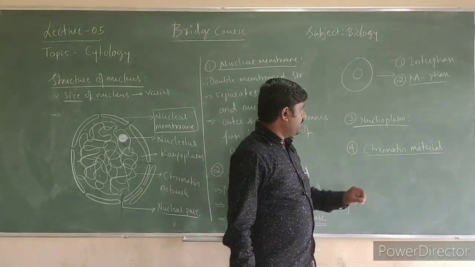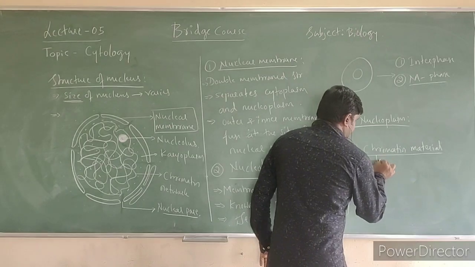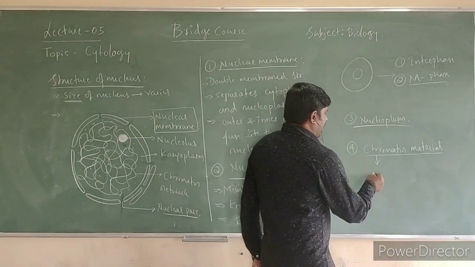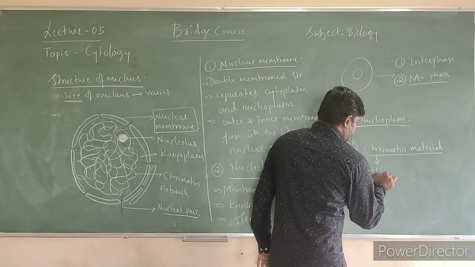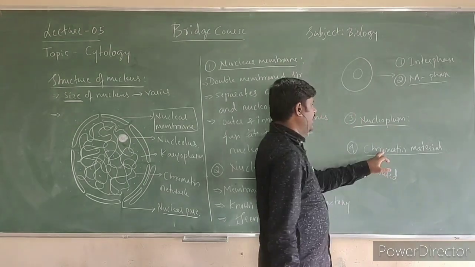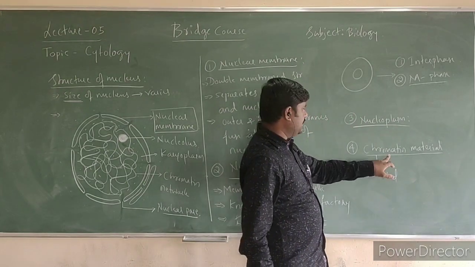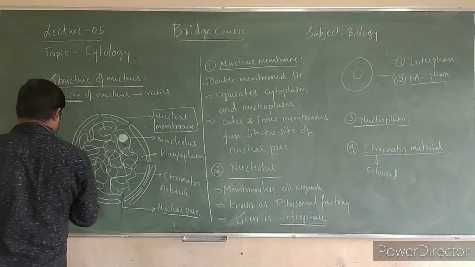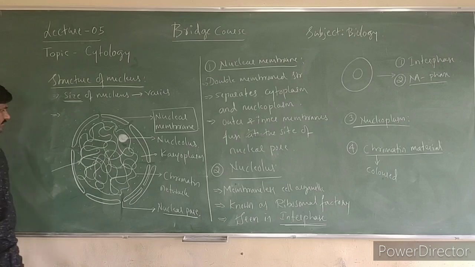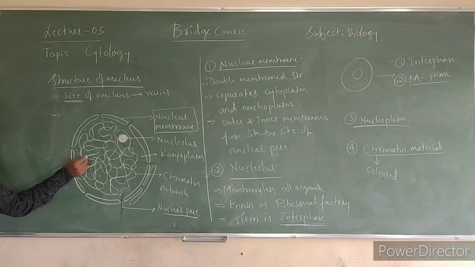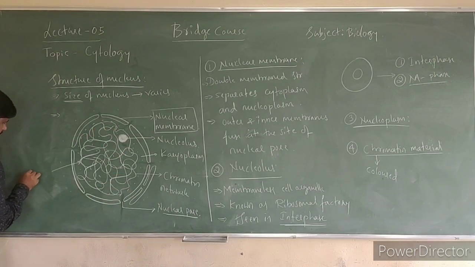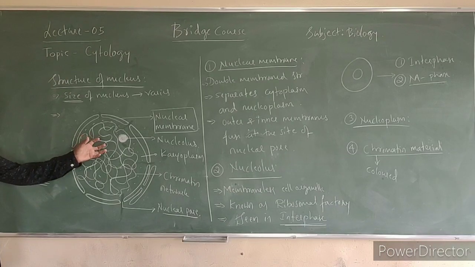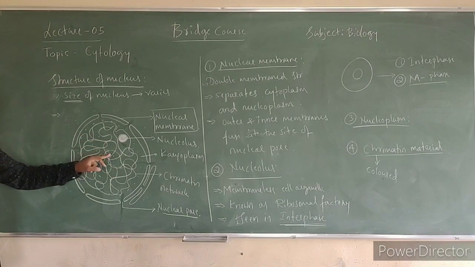It is a material which becomes colored. Chroma means color. Colored material. When this material is given a color, a stain, that stain is absorbed by this material only.